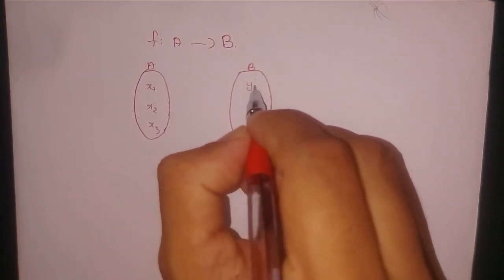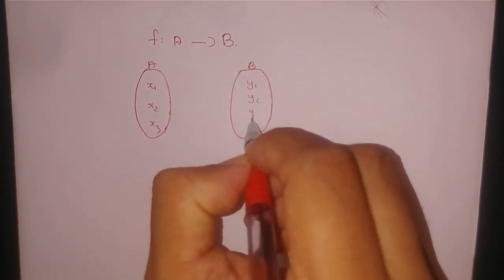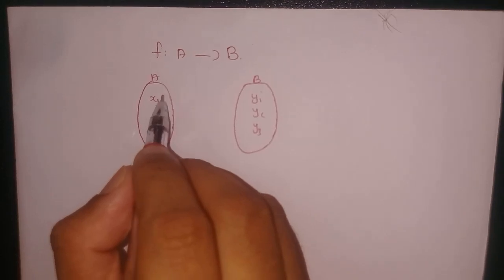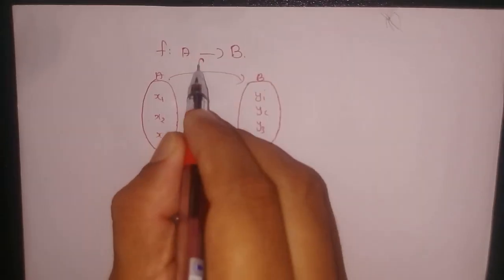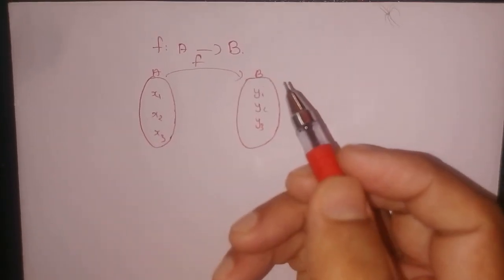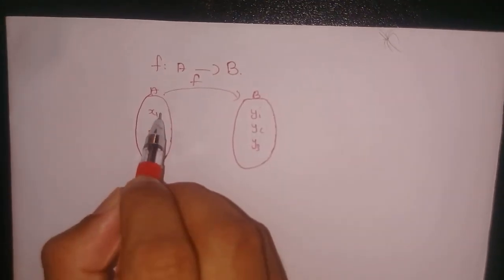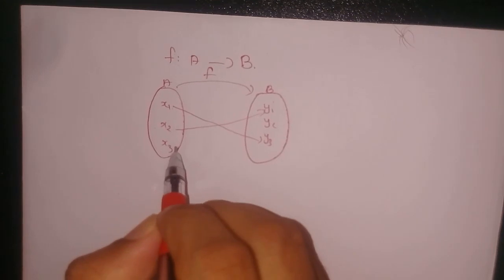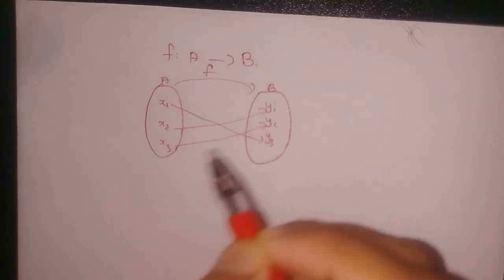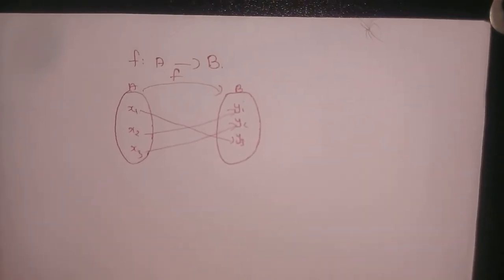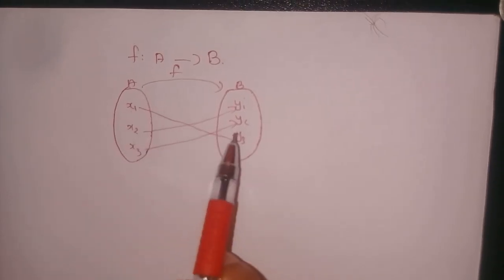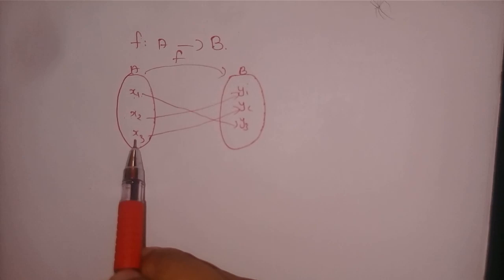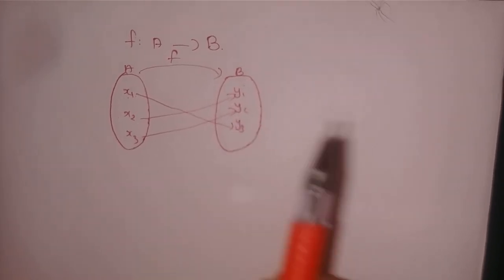B contains y1, y2, y3. F is a function from A to B, and x1 maps to y3, x2 maps to y1, x3 maps to y2. So here the image of x1 is y3, the image of x2 is y1, the image of x3 is y2.